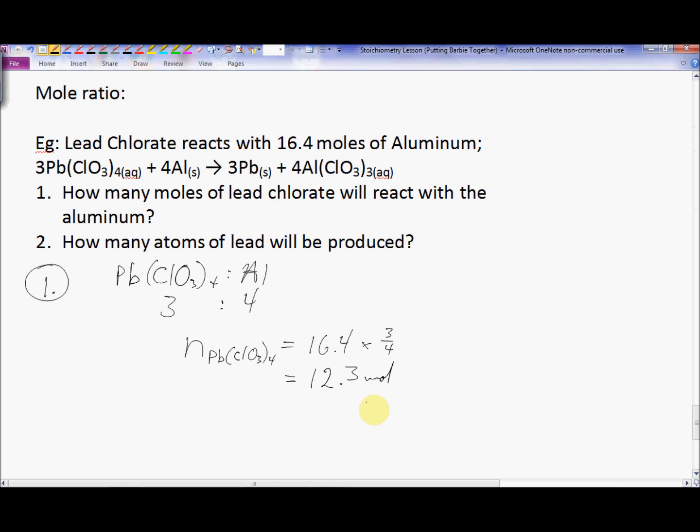Okay, so for 16.4 moles of aluminum reacting with lead chlorate, we'll end up having 12.3 moles of that lead chlorate that it reacts with.